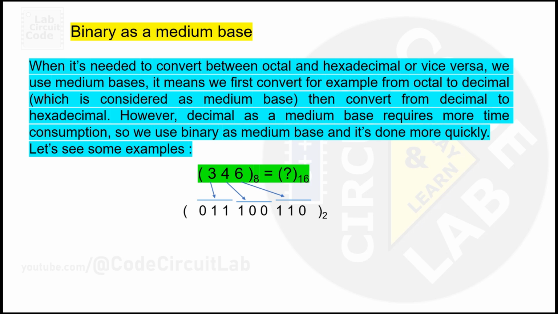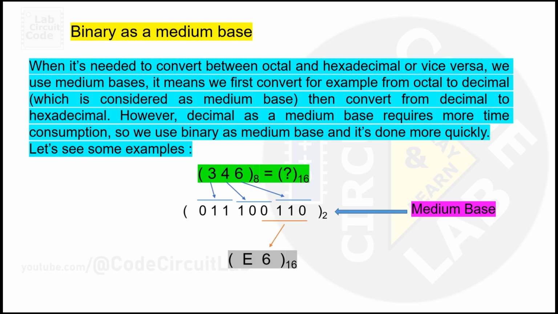Now this is our medium base. Now we group our binary number with 4 digits, and we convert each 4 digits into hexadecimal. The result is E6.